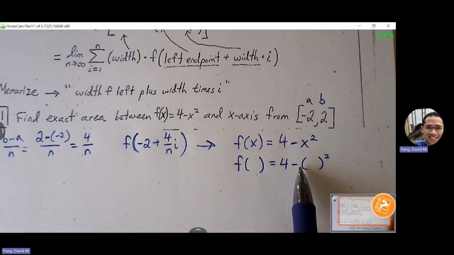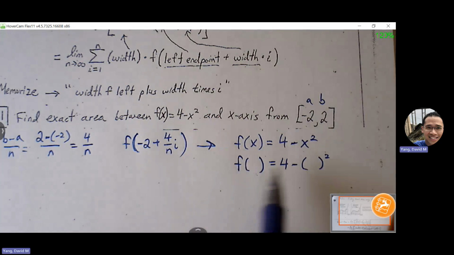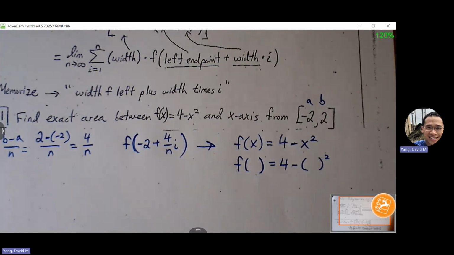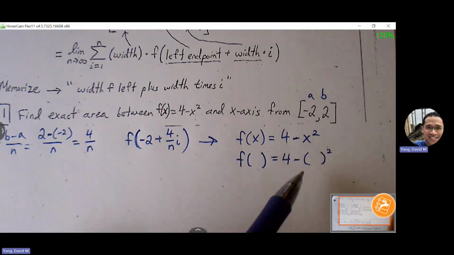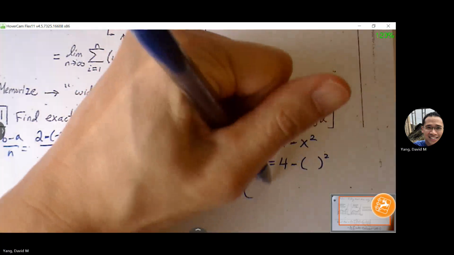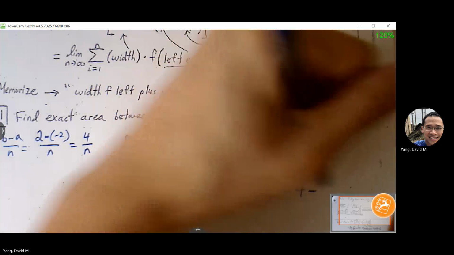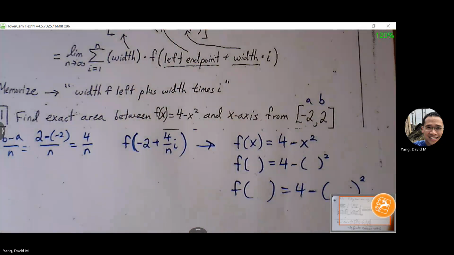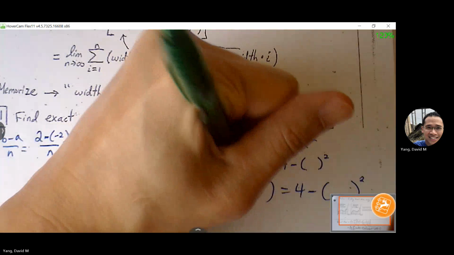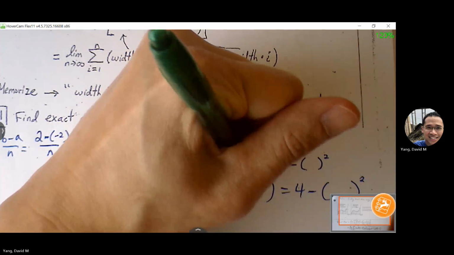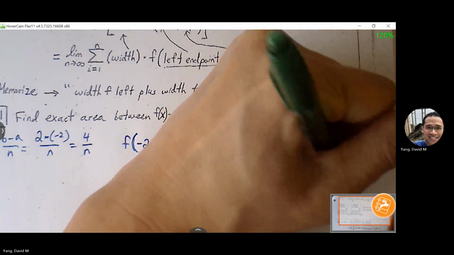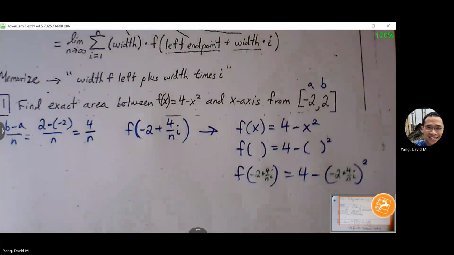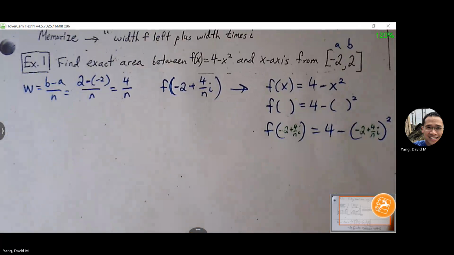If you can do this, then you're not going to put the argument in the wrong place because it's going to go directly where you have those reserved spots. Now, place the -2 plus 4 over n i into those spots. Okay.